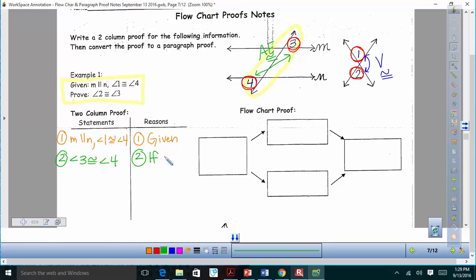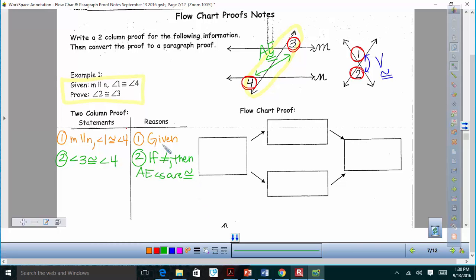If 2 parallel lines are cut by a transversal, then, and remember, you have to have if and then. Some of you are writing if and then just going on with your statement. It has to be if 2 parallel lines are cut by a transversal, then alternate exterior angles are congruent.